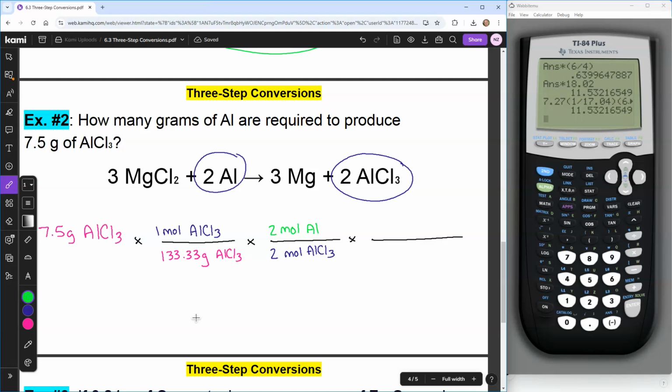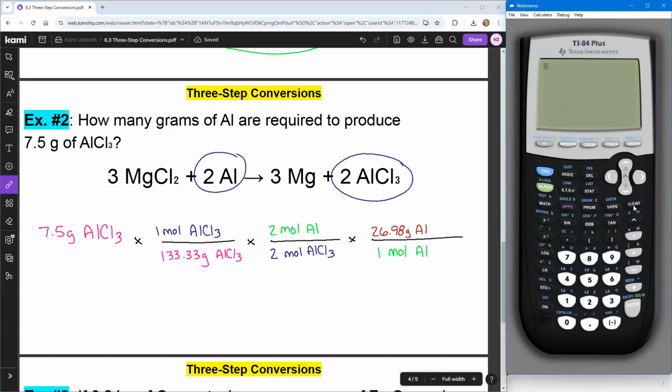Now I need to go back from moles into grams. So for every 1 mole of aluminum, I'm going to need aluminum's molar mass, and that is 26.98. Okay. Now we just put this in our calculator.